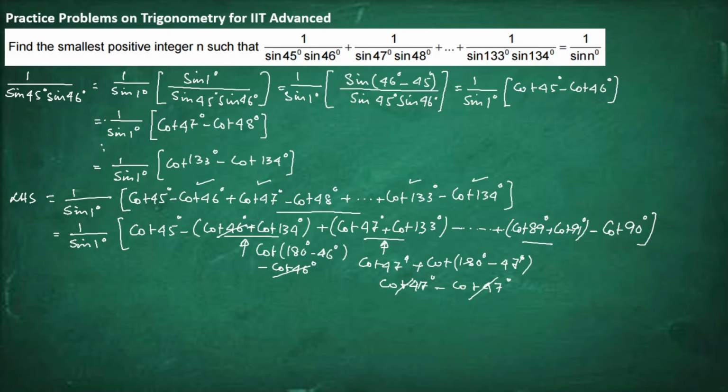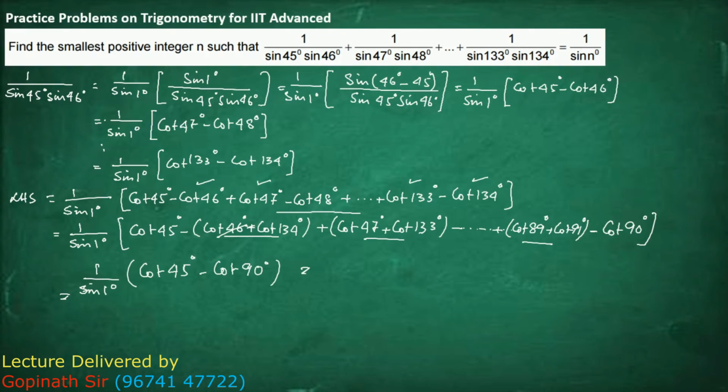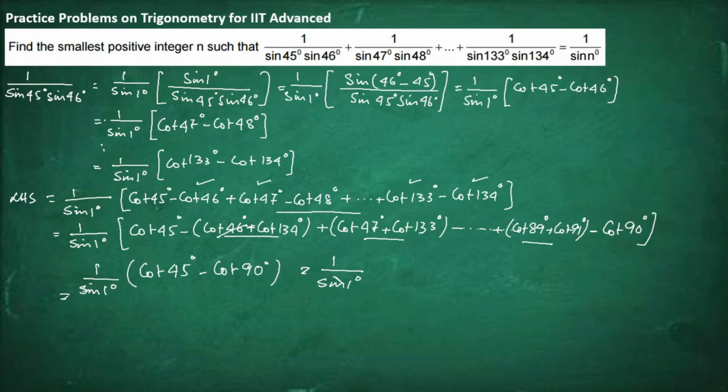So we will be left with, just one sec, let me just rub this one. We are going to get 1 by sine 1 degree, and we are left with cot 45 degree minus cot 90 degree. Yes or no? So what we are going to get? Cot 45 degree is 1. So we are left with sine 1 degree. Yes or no? Which is equals to 1 by sine n degrees.